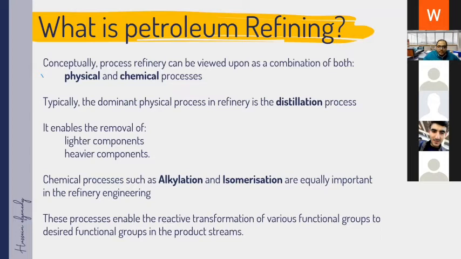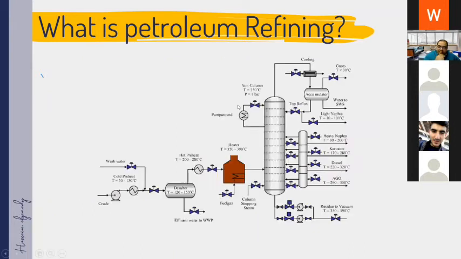Okay, let's move on. Here is a typical distillation tower in the refinery. As we mentioned, this is the most important process in the refinery, which consists only of heating and a distillation column, and it is based on the variation in the boiling point of the components between the gases, gasoline, naphtha, and kerosene.